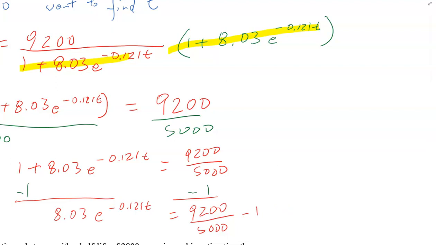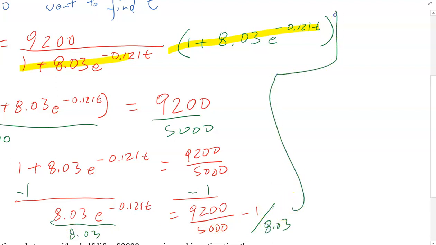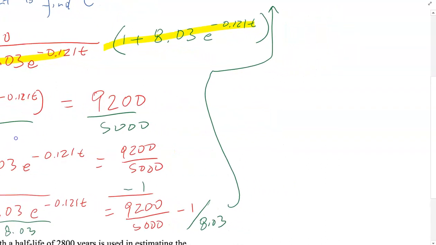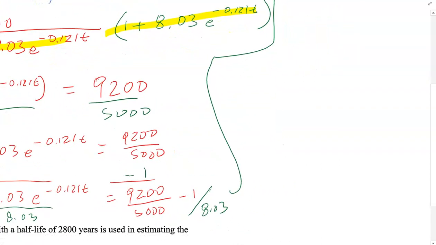Then divide both sides by 8.03. And this divided by 8.03. So then we are left with e to the negative 0.121t equals all of this: 9,200 over 5,000 minus 1, all over 8.03.